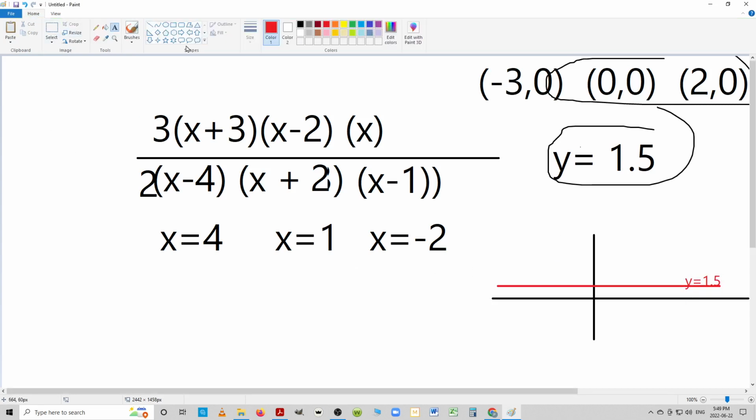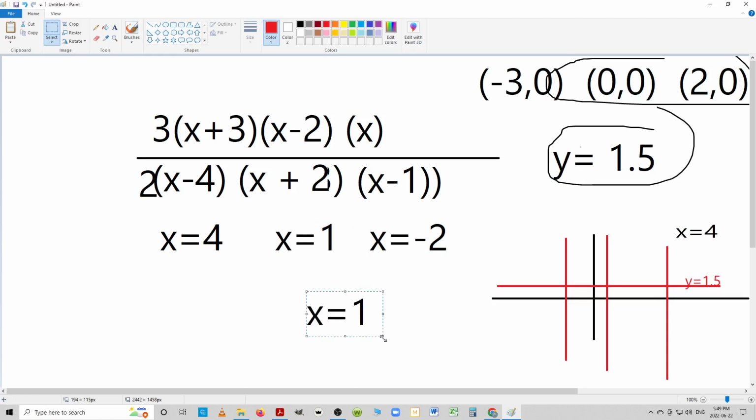So the only one that's minus is over here. X is equal to -2. X is equal to 1, and x is equal to 4. And I'm going to label them, and I can even use the same labels. And it would help if the color was the same, but it doesn't matter. It's that one, and there's this one.